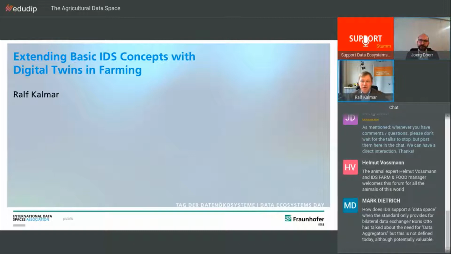Yeah, I think that's a good question. The point is that the different stakeholders participating in such an ecosystem can offer different services. So you could also have a storage service that would then have the role also of hosting a marketplace, for example, for a set of service providers.